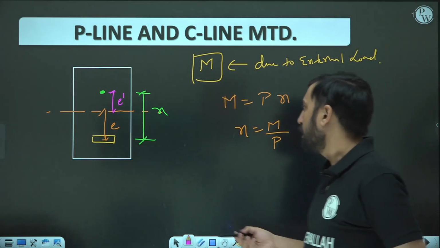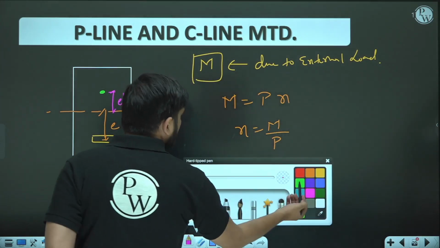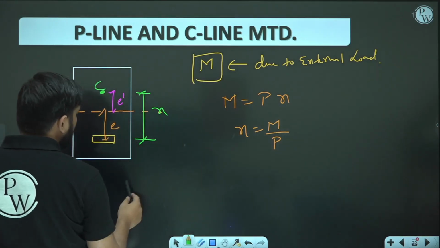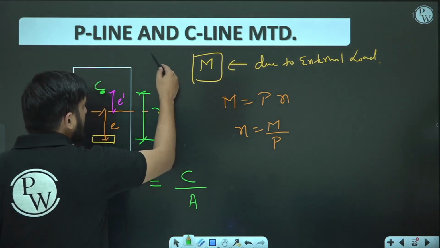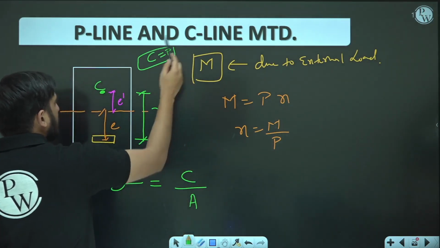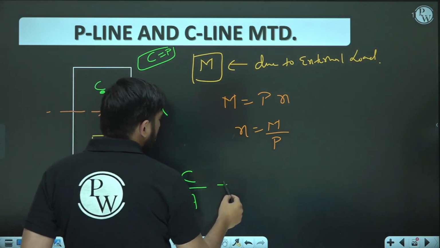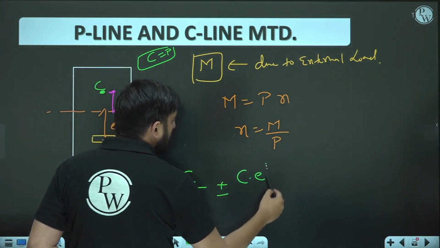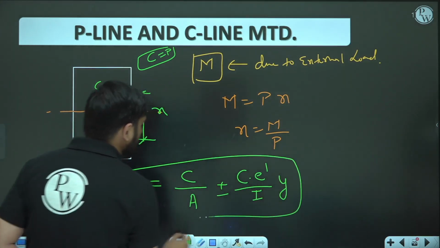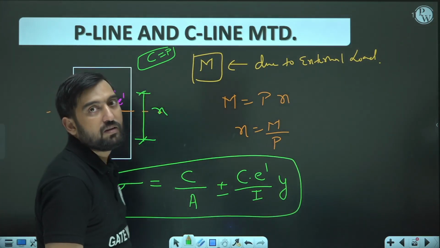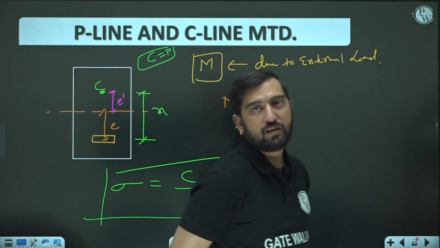Now if this is the point of application of the thrust, the resultant stress would be C over area, numerically C and P are the same, where P is the pre-stressing force, plus minus C into E dash upon I into Y. This is the P line C line concept.